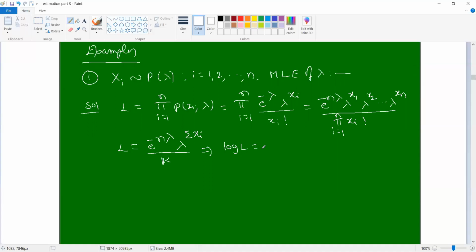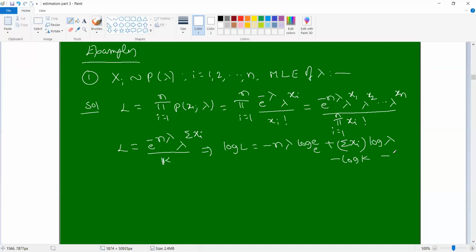Log L is equal to minus n lambda log e base e plus summation xi log lambda minus log k. Log a power m is equal to m log a. Now, apply the principle of maxima and minima technique.